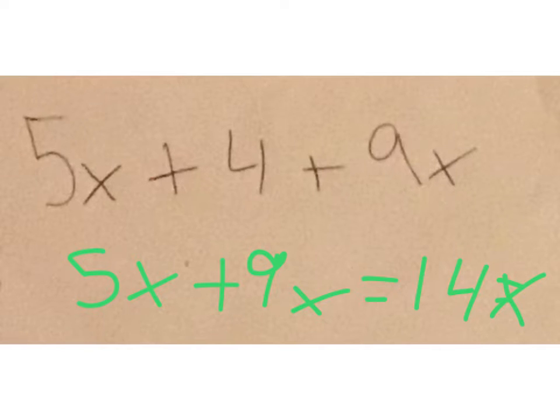Then 4 has no other number that doesn't have a variable, so that's just 4. So the answer would be 14x plus 4. And that would be in simplest form.